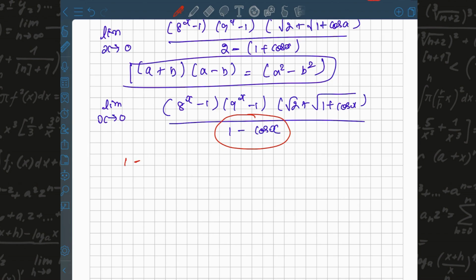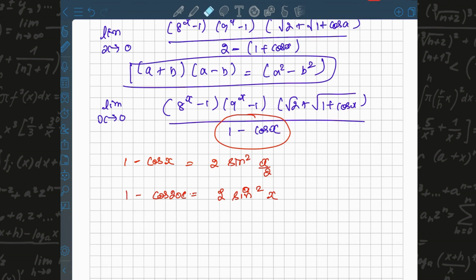We have studied this, right? 1 minus cos x is nothing but 2 sine square x by 2. Some people would have studied like this: 1 minus cos 2x equals to 2 sine square x. Some people would have studied like this, but we are going to apply that formula only.